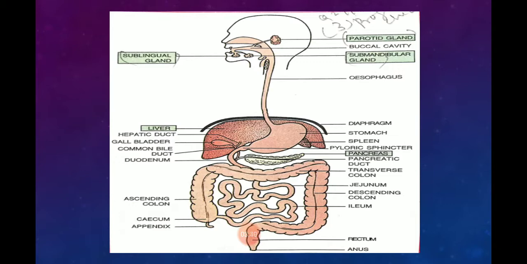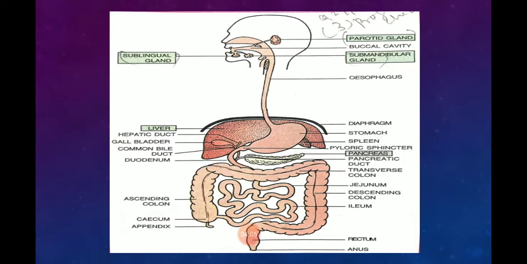The gastric juice includes pepsin, a very common enzyme for digestion of protein, HCl, which helps in activating the enzyme pepsin, and also the mucus, which helps in utilization of HCl and helps it not to damage the wall of the stomach.